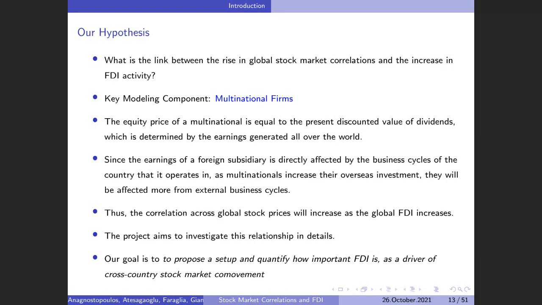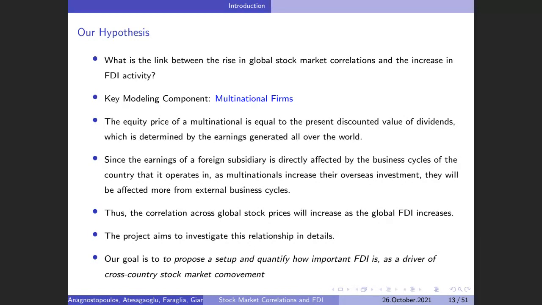So how big is that magnitude? With more away operations, the dividends will be more affected by the foreign TFP shocks, and vice versa. The other economy will be the same. So if countries start to operate in the other economies more and more, their TFPs, and so their dividends will be more correlated with each other, because a part of their dividends will be affected by the outside countries' TFP shocks.